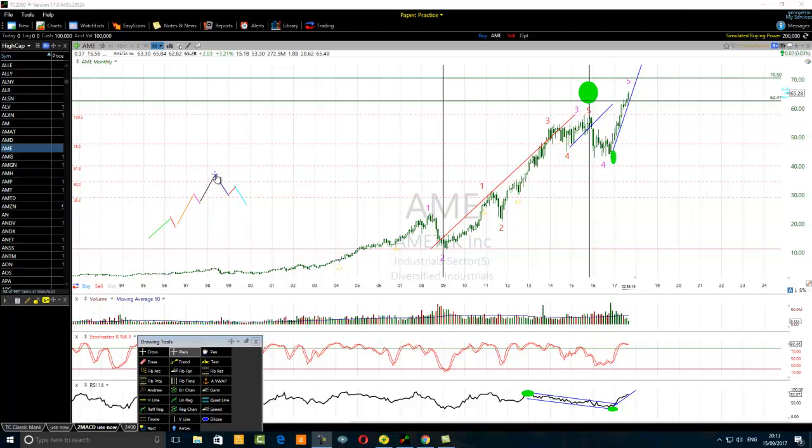So if that first wave is bearish, there is a high chance that we may have a bearish trend. If that first wave is bullish, we are likely to see a bullish wave.